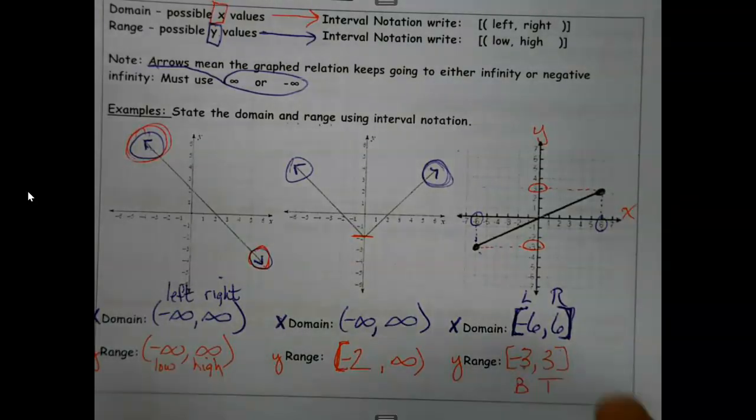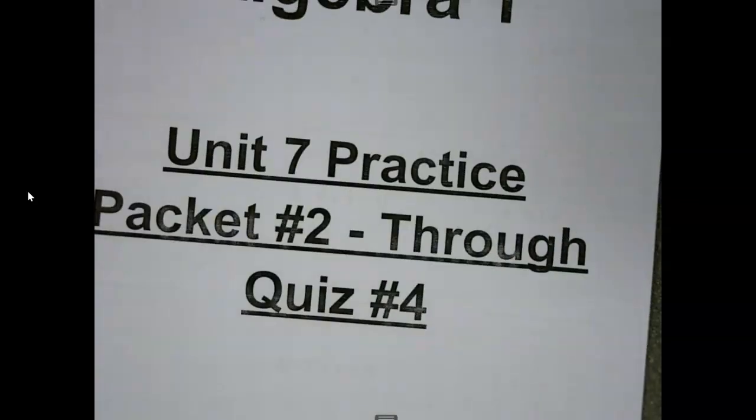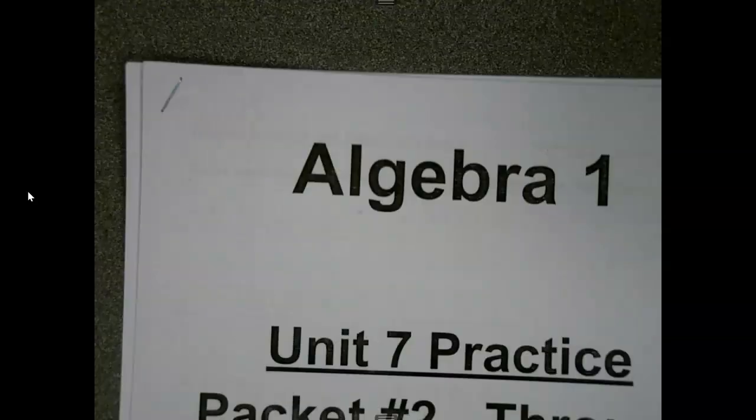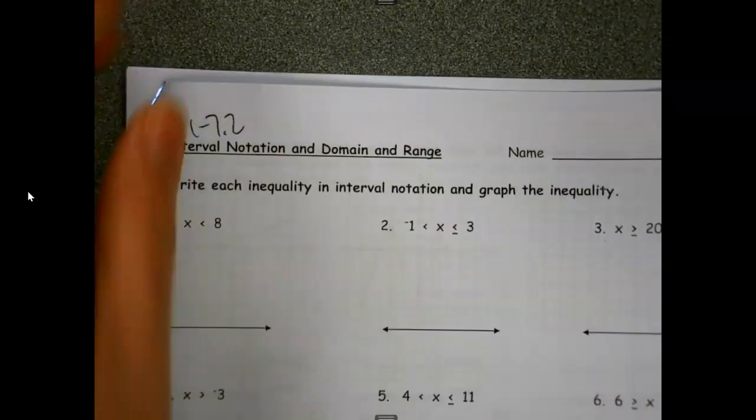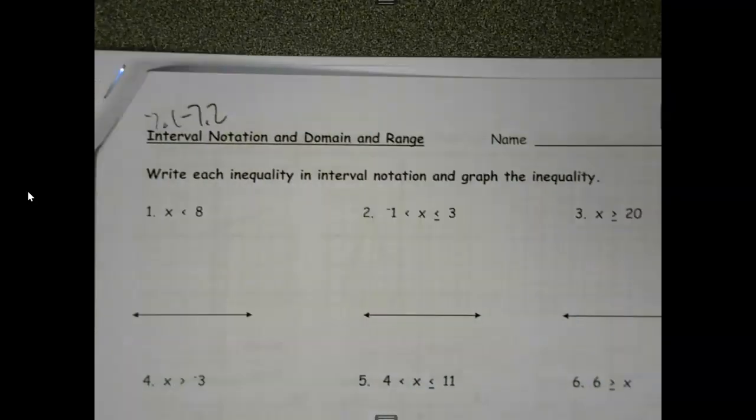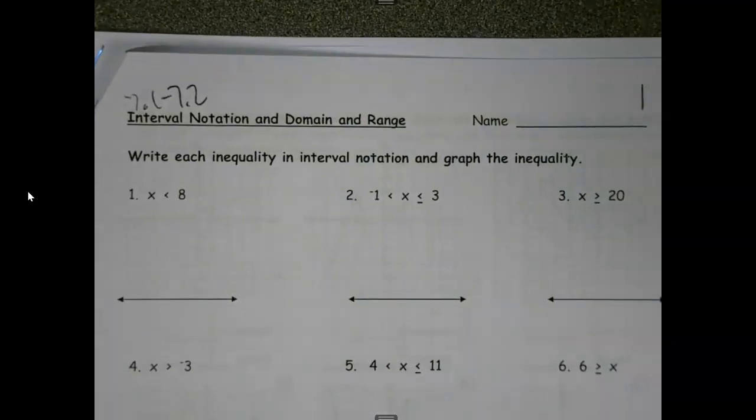Now, new packet. We're going to be on pages 1 and 2 today. A little bit of domain and range. So we're going to write the inequality in interval notation and graph the inequality. Okay. So I want to take a peek. Yeah, we got time.